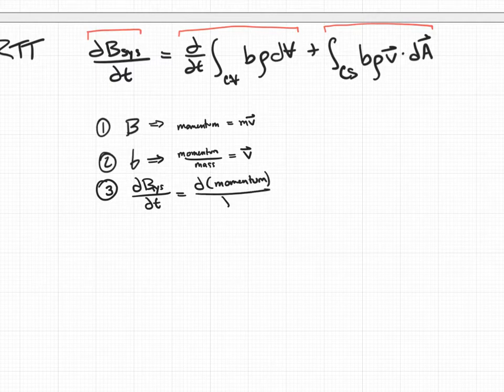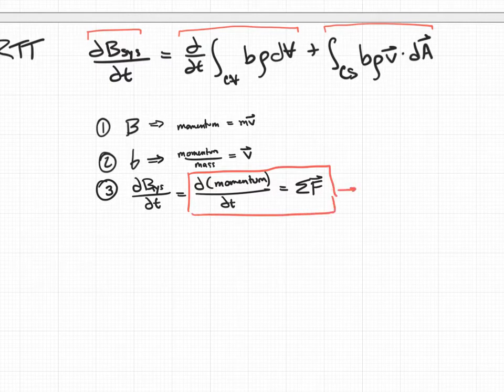That's the change in momentum with respect to time, because capital B is momentum, and this is another version of Newton's second law. Usually we write Newton's second law as the sum of the forces equals mass times acceleration. This is another way you can write it. We don't normally do this, at least not for basic physics, but this is another way to do it.